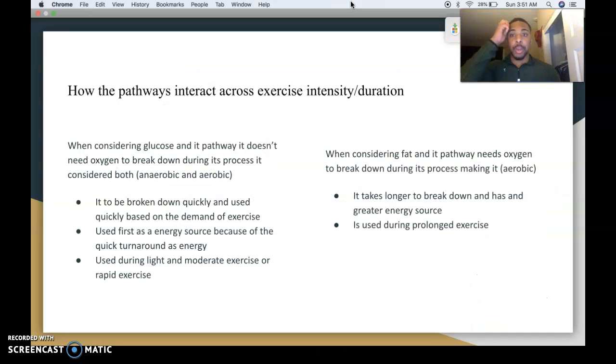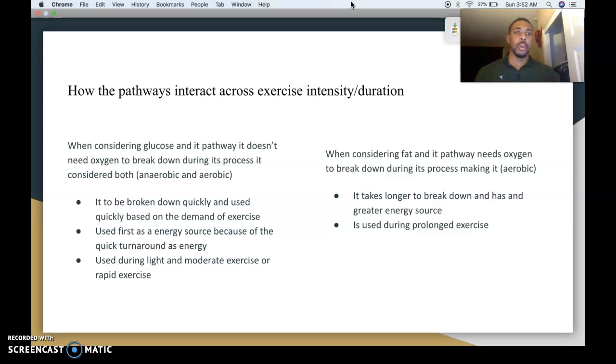So, how do these pathways interact across intensity and duration? Since glucose is broken down faster and is more of a first resource compared to fat, fat takes a longer period of time to go through that process. Glucose is therefore the first source of energy within our body.